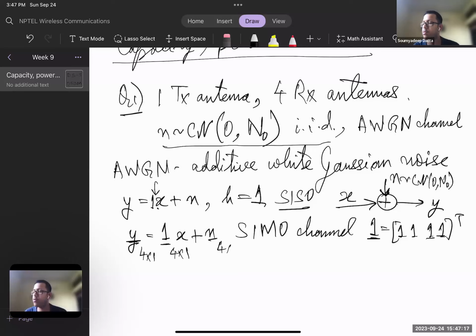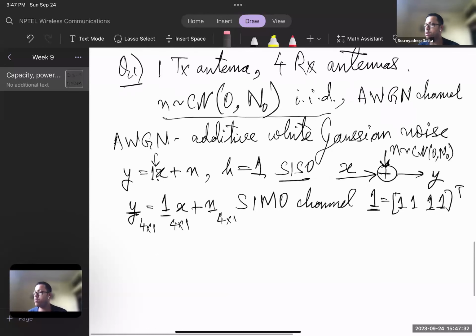Each of the 4 noise terms is an independent and identically distributed complex number with noise mean as that. I just wrote it in vector notation.